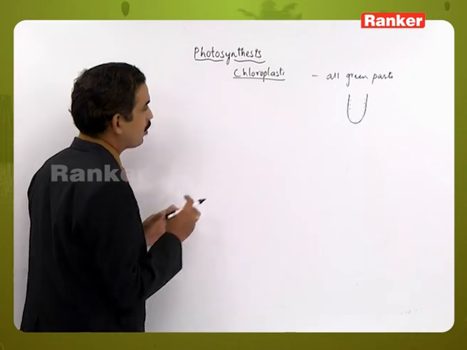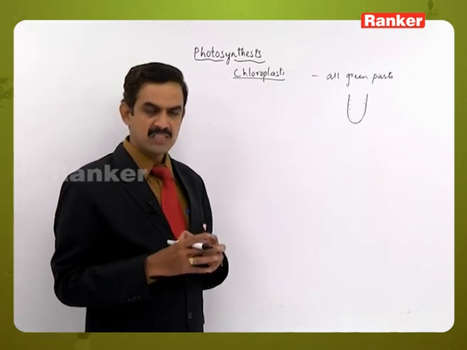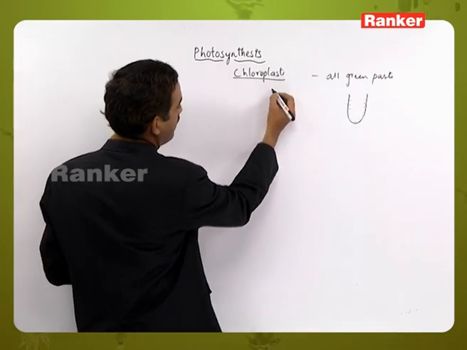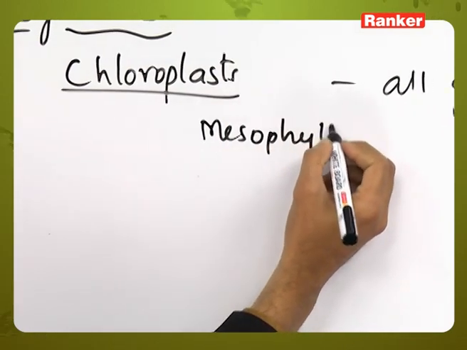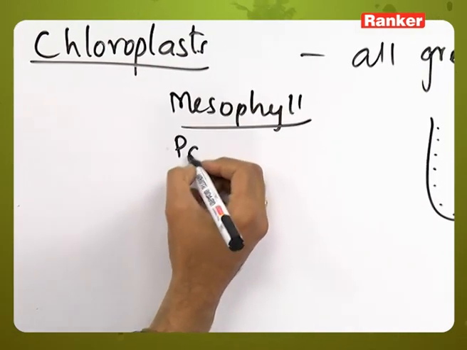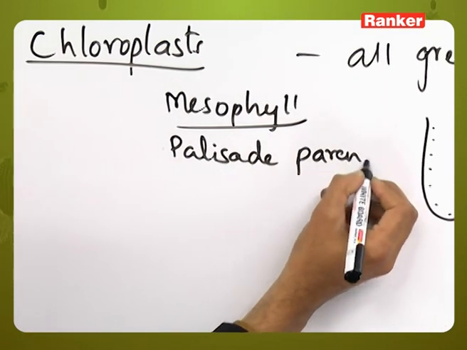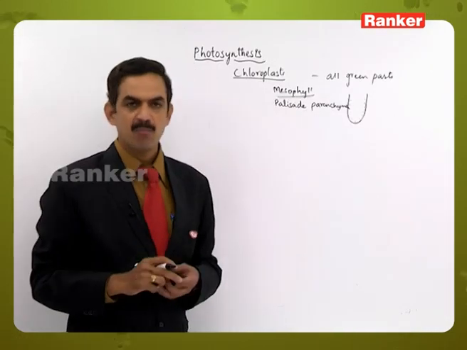Here the chloroplasts are present in all green parts concerned with photosynthesis, and these chloroplasts are maximum in number in the mesophyll tissue. Particularly in the palisade parenchyma the number will be comparatively more, and of course next will be the spongy parenchyma.